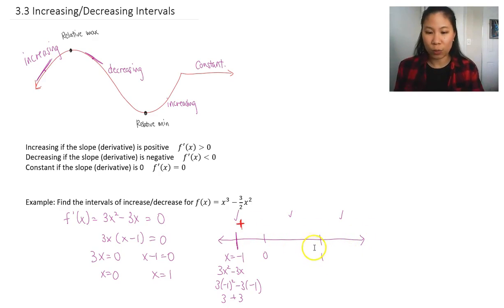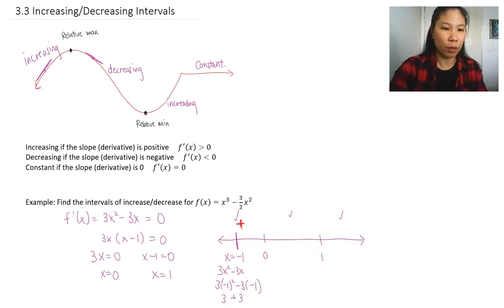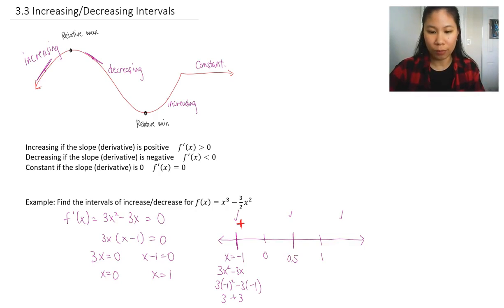So between 0 and 1, I just need to choose a number between 0 and 1 that I can plug into the derivative. I'll go with 0.5. Why not? You can choose any number as long as it's not 0 or 1, and it's got to be in between.